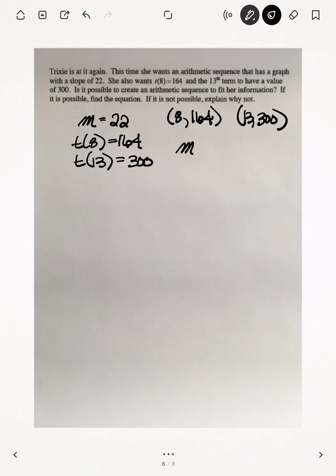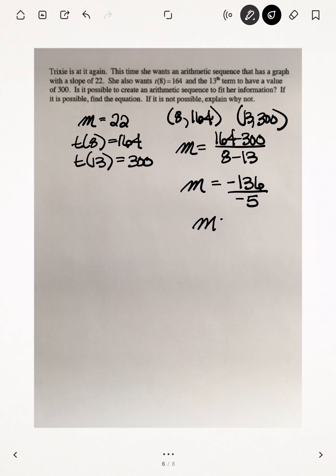So let's try it. Our slope would be 164 minus 300 over 8 minus 13. It would be negative 136 over negative 5.